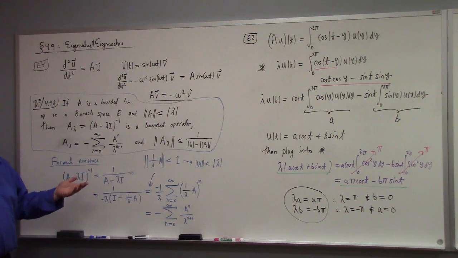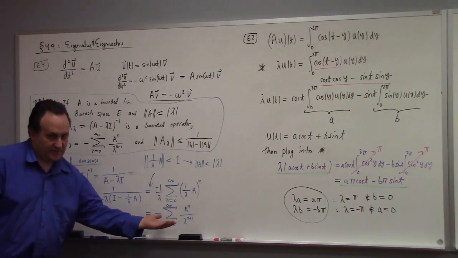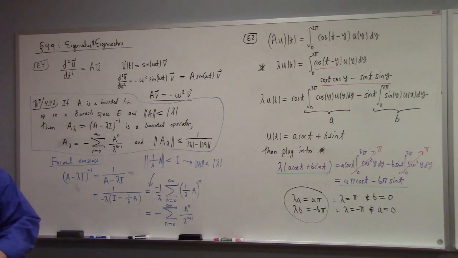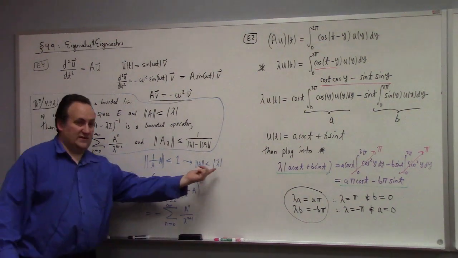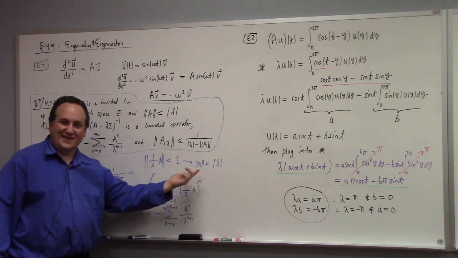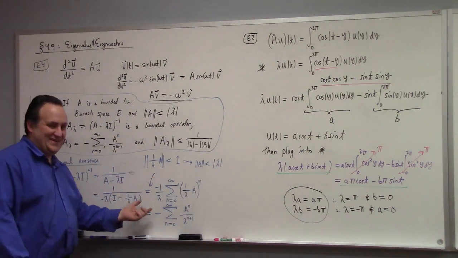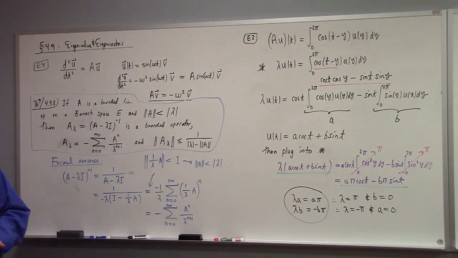That argument is just showing that, hey, this is the inverse. So the existence of that formula is given by the appeal to the geometric series, and the geometric series existing is based on this condition, which is exactly the condition that we needed for our formal nonsense to work. So, yeah. That is so cool.